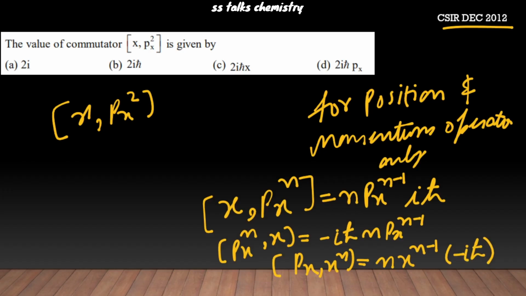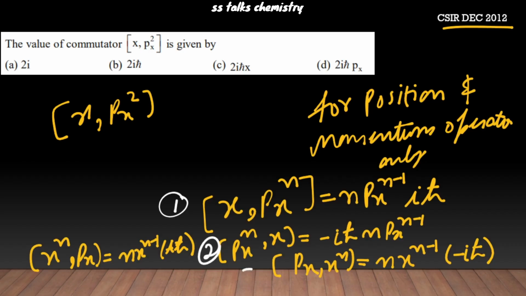And for x raised to the power of n and px, this value is n x raised to the power of n minus 1 into iota h cut. So based upon these general formulas, this is number 1, this was number 2, number 3, and this was the fourth one.